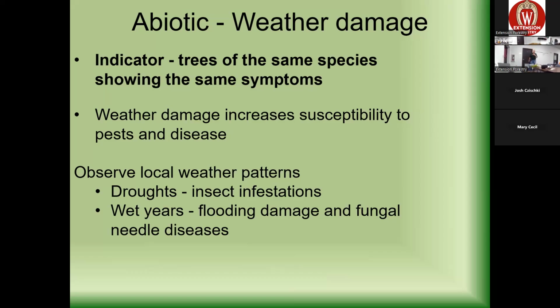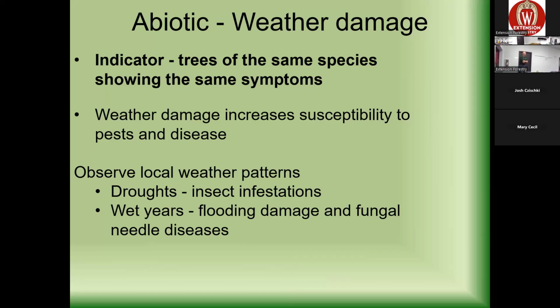So there's lots of things that can cause trees problems that are not diseases. Indicators are trees of the same species showing the same symptoms. And again, weather damage increases susceptibility to pests and disease. We kind of already talked about that. Observe local weather patterns.